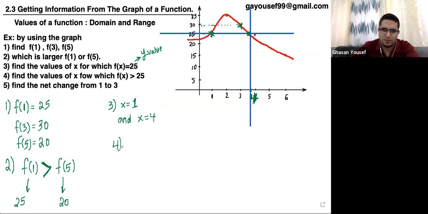Question number 4. Find the values of x for which f of x is greater than 25. When you see something like that, the question is actually asking about intervals. It's not asking about points like the previous one.